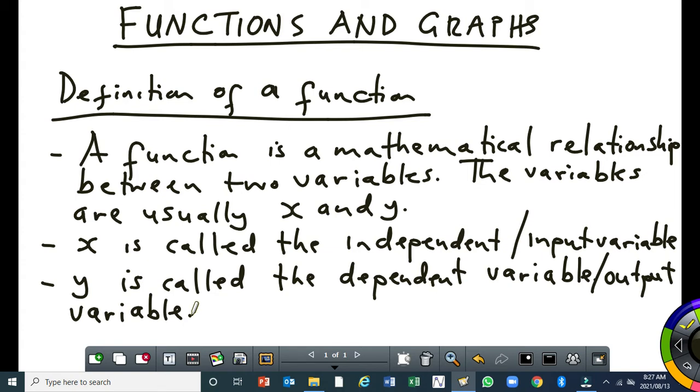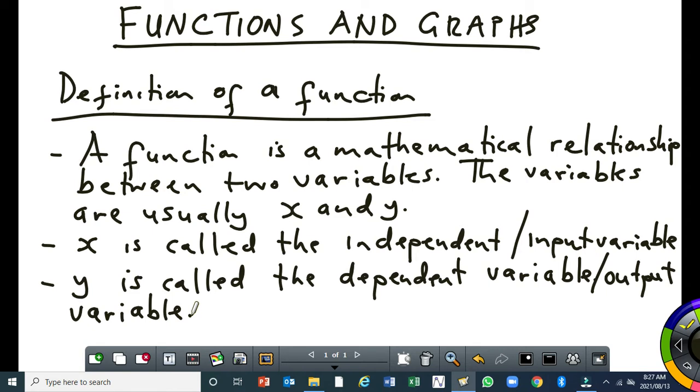So these are some of the basic things that you need to know. Generally, for you to have a function, there must be one x value corresponding to only one y value. But in grade 10, we don't get into the details of the definition of a function itself. Right, so that's the first thing.